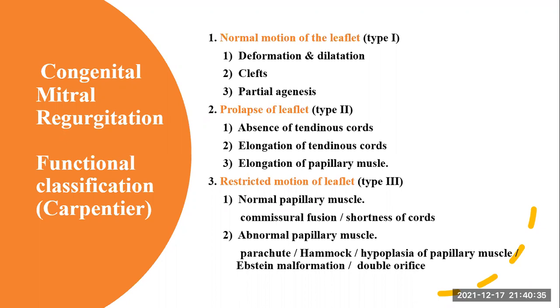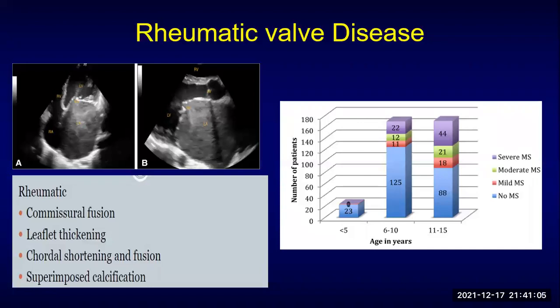Prolapse of the leaflets: absence of tendinous cords, elongation of tendinous cords, and elongation of papillary muscle. For the restricted motion, we have 2 cases. In normal papillary muscle, we have commissural fusion in rheumatic, shortness of cords, and in abnormal papillary muscle, parachute mitral valve, hammock, hypoplasia of papillary muscle, Epstein anomaly, double orifice, and we talked about all this.